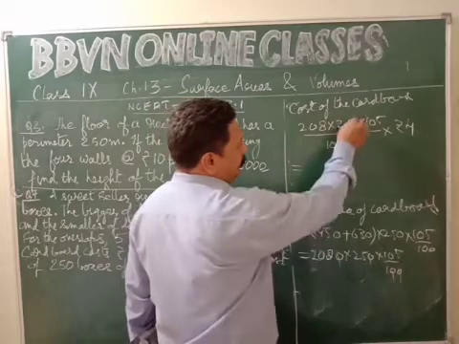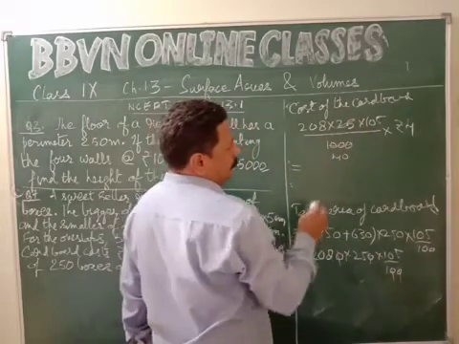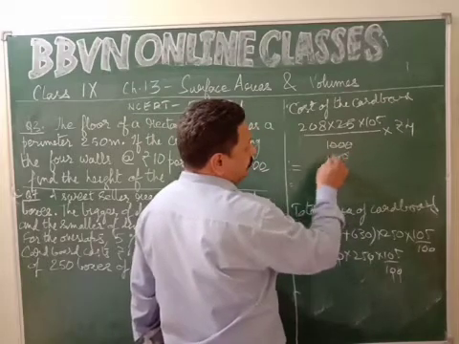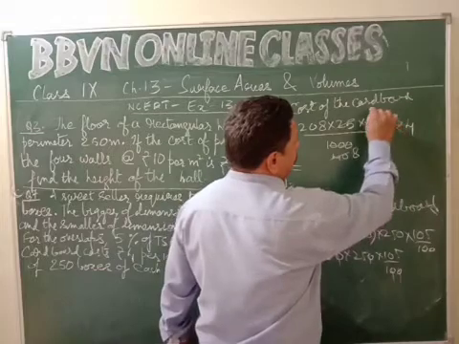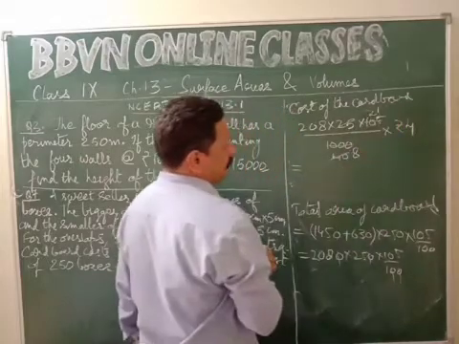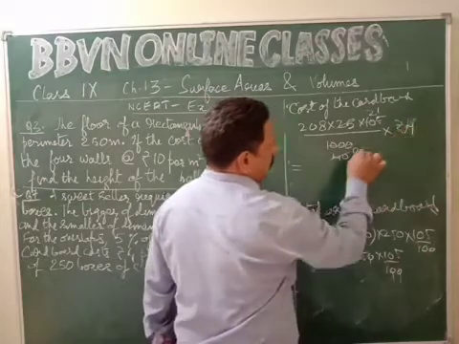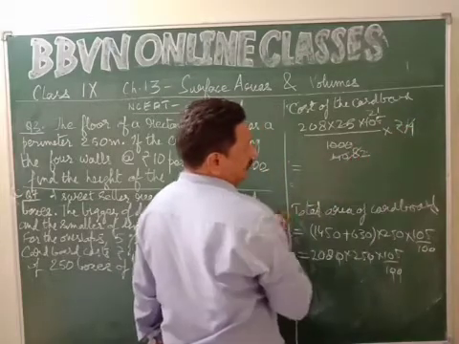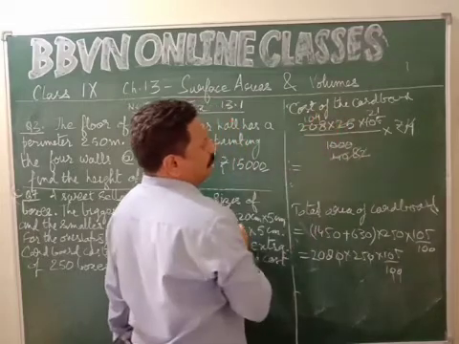Okay. Now see, 25 goes 40 times in 1000. Now 5 goes 8 times in 40, and 5 goes 21 times in 105. 4 goes 2 times in 8. 2 goes 104 times in 208.